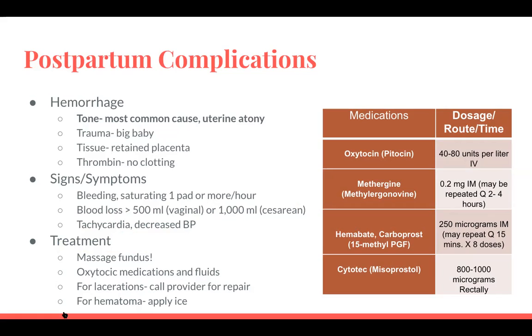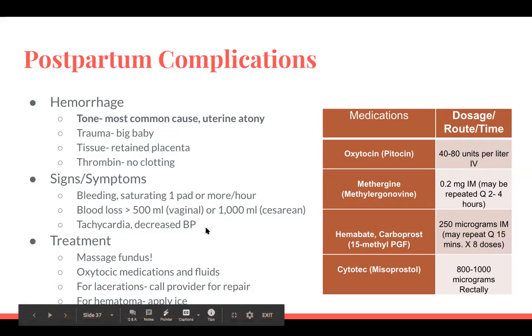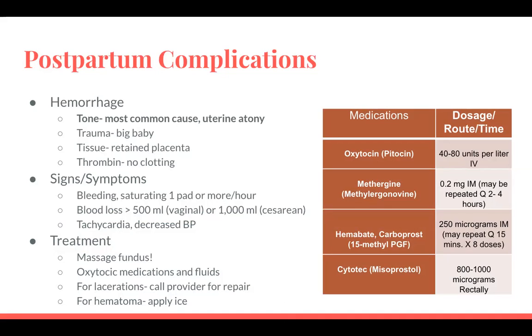So risk factors for this are high parity, dystocia, if they had a C-section, over distension of the uterus, and that can come from polyhydramnios because it's like overly distended. Placental abruption or placenta previa. And I'm sure you guys know, massage the fundus most definitely if the uterus is boggy.